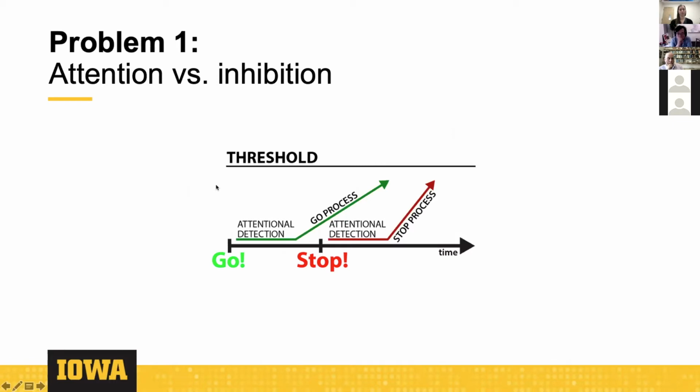Attentional capture is something that happens on infrequent events, whether they're paired with a stop signal or not. And this is probably not a question that we can answer with fMRI, given its time resolution.